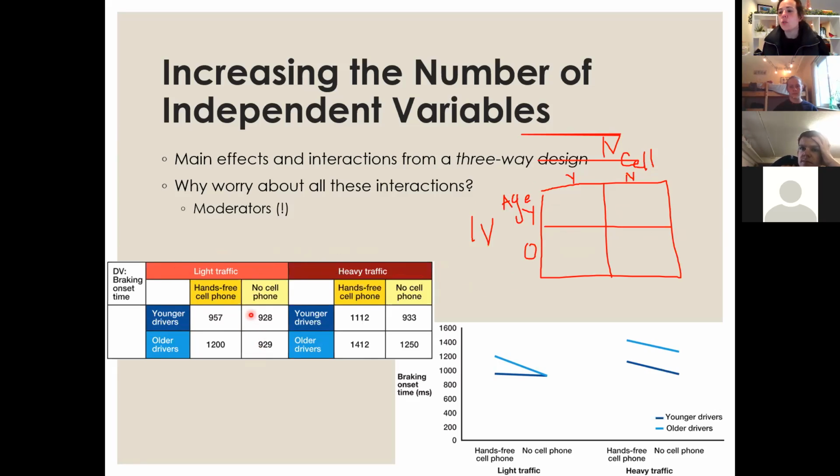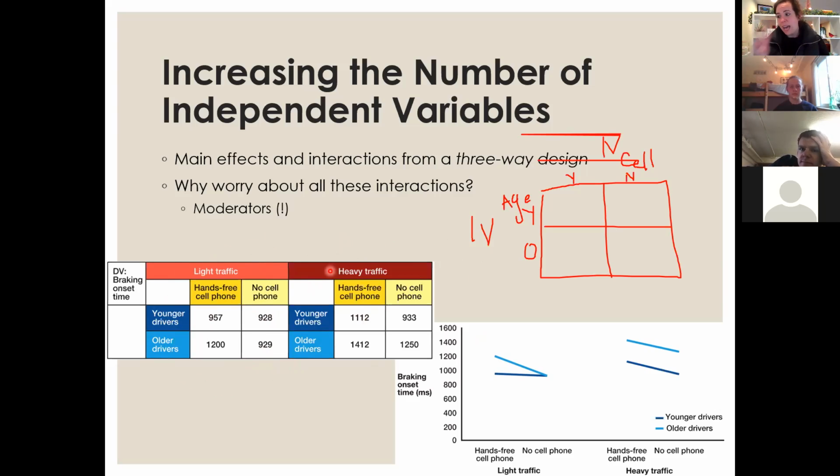Now we're taking into account whether they were in light traffic or heavy traffic. So we're adding another level. What we see is in light traffic, in almost every category, they were able to brake faster than in heavy traffic. So this is another independent variable having an impact on braking speed, meaning their reaction time to actually brake.